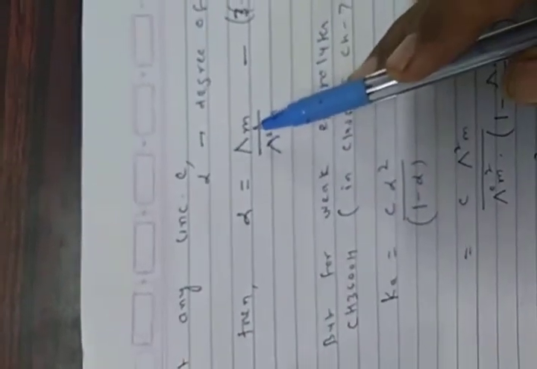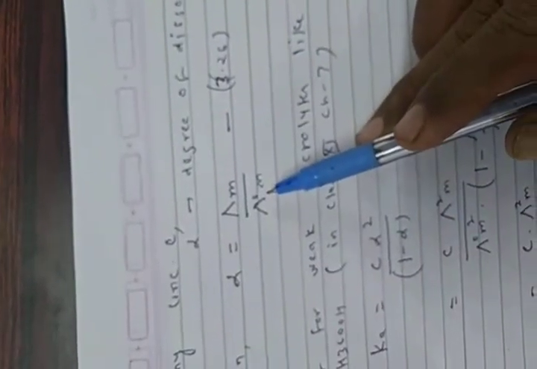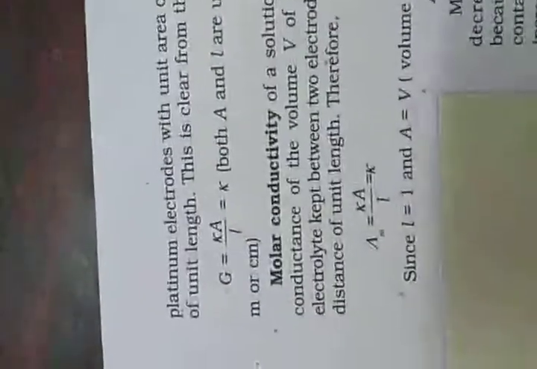At any concentration, alpha, the degree of dissociation, is equal to the molar conductivity divided by the molar conductivity at zero concentration.